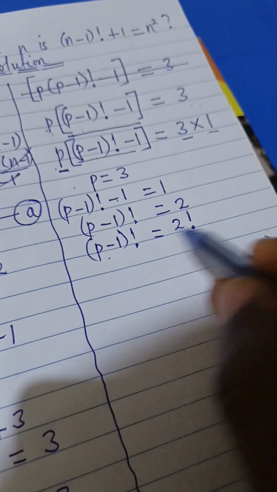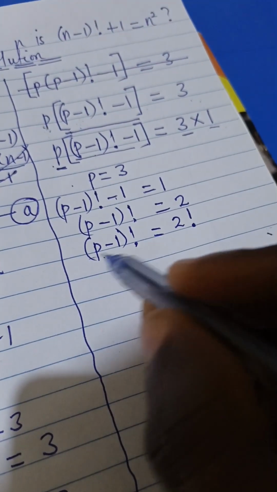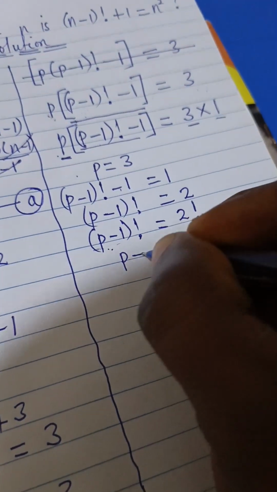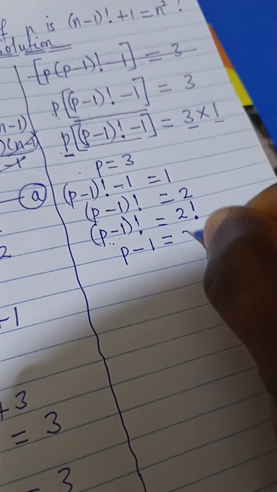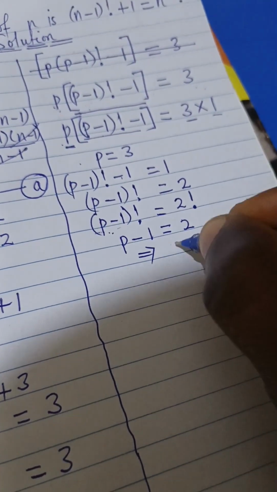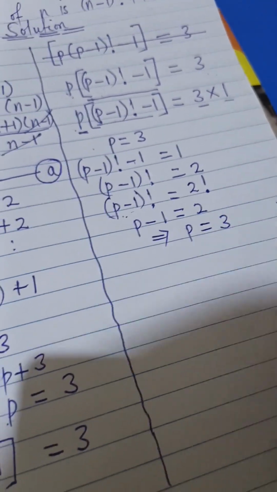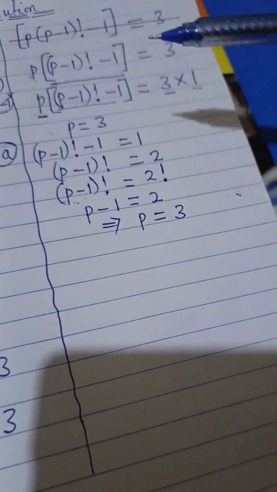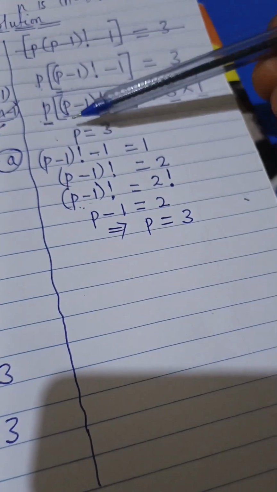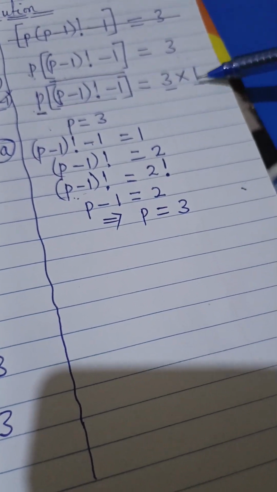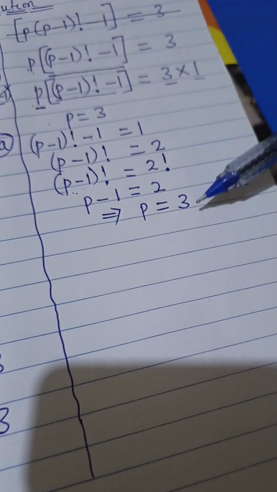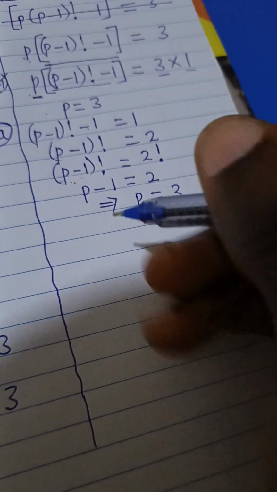Then since both have a factorial, p minus 1 will be equal to 2. That implies that p is indeed equal to 3. That is true. So since p is equal to 3 here, and this expression when equated to 1 gives us 3, it means that p is indeed 3.